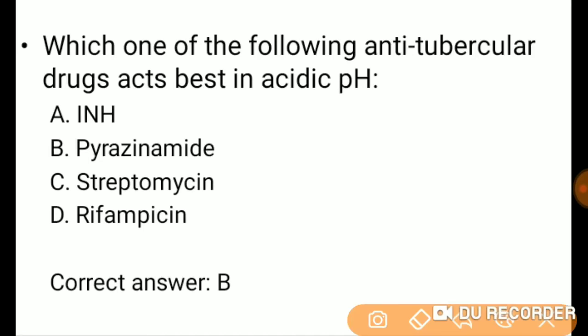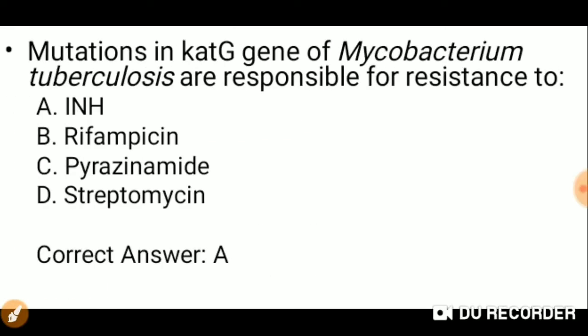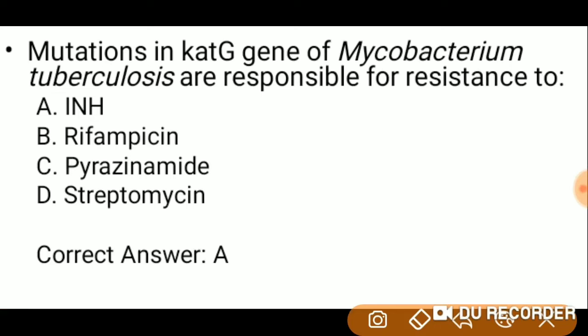Which one of the following anti-tubercular drugs acts best in acidic pH? That is pyrazinamide. Now, mutations in the KatG gene of Mycobacterium tuberculosis are responsible for resistance to isoniazid.